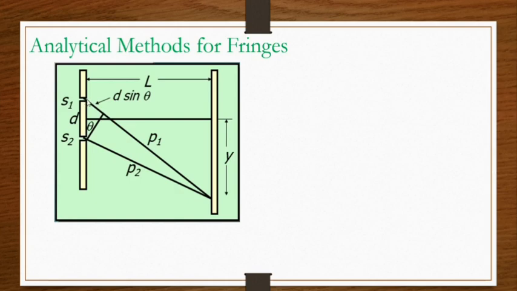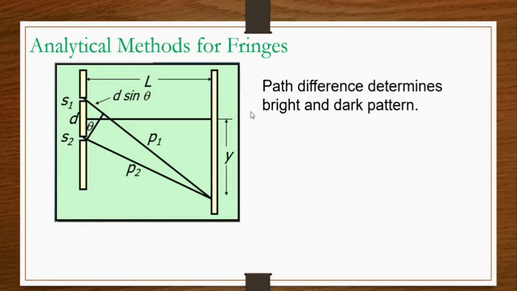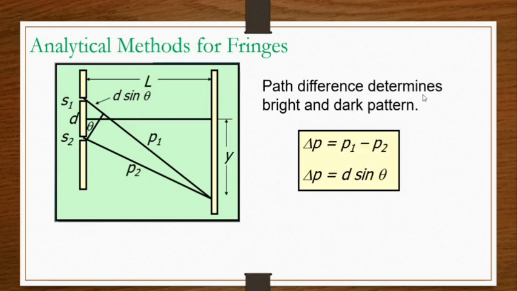So the path difference here will be given by d multiplied by the sine of theta. So the path difference here determines the bright and the dark pattern. Delta p is equal to P1 minus P2. That will be this delta p. And that delta p is equal to d times the sine of theta.